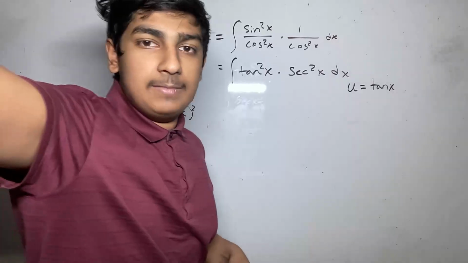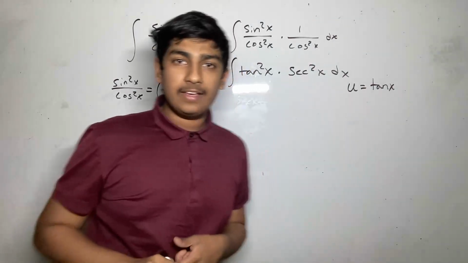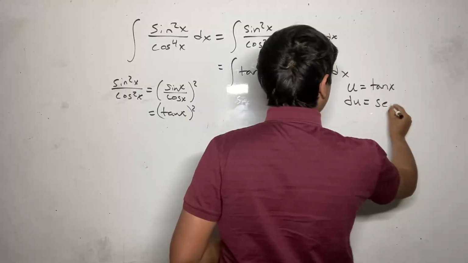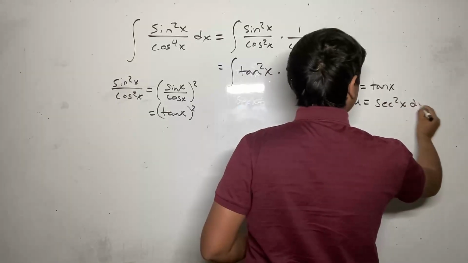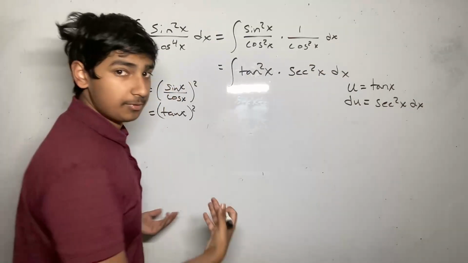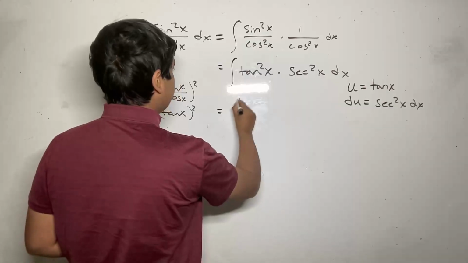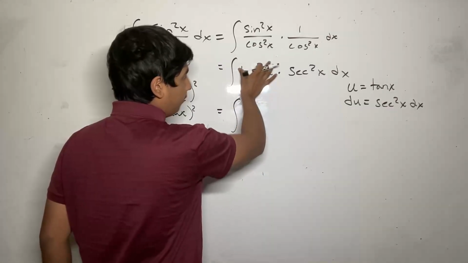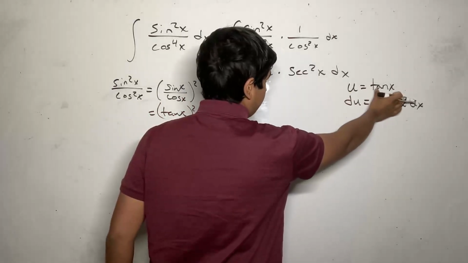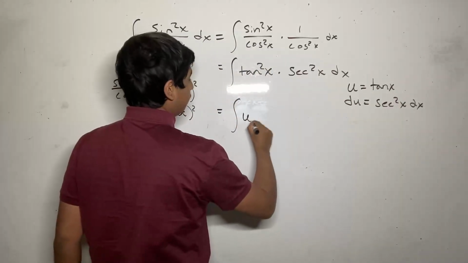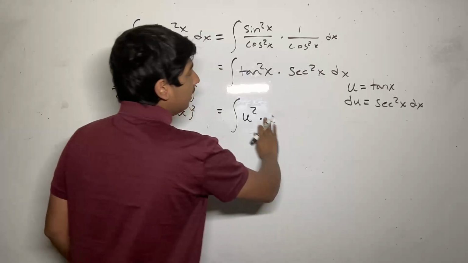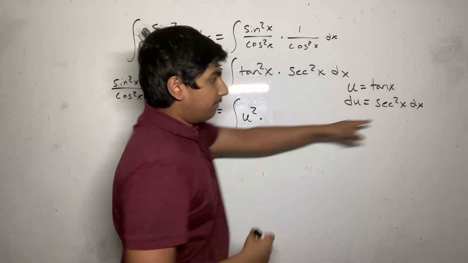And so again, u equals tangent of x, and so then du will just be secant squared of x dx. And so from here we can just do some substitution. So then we'll get the integral of tan squared of x, and again, u is tangent of x, so this will be u squared, and then that times secant squared of x, where we have to solve for dx.